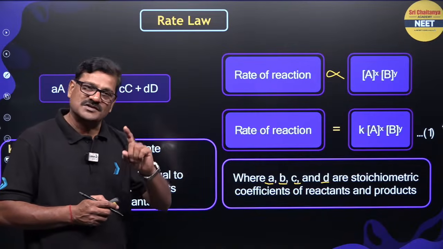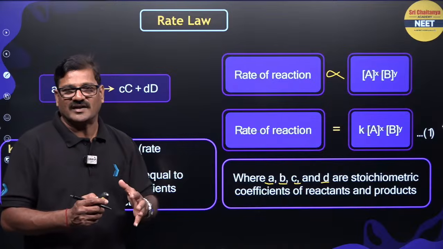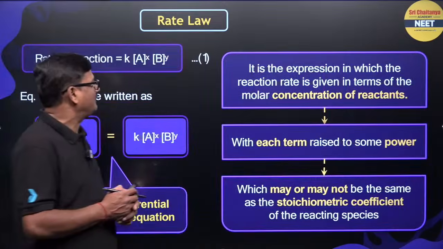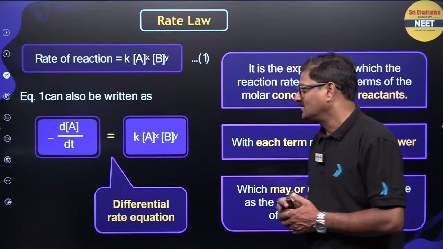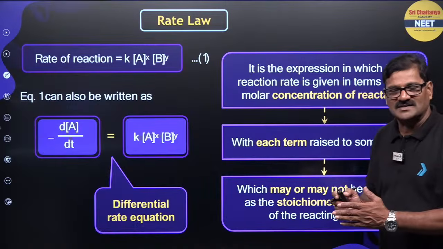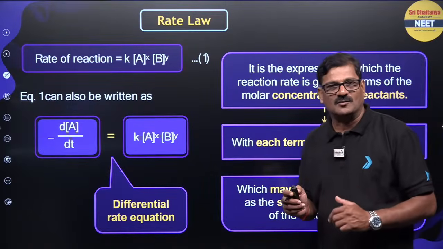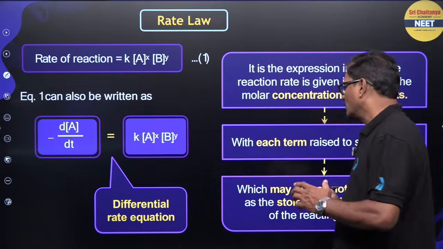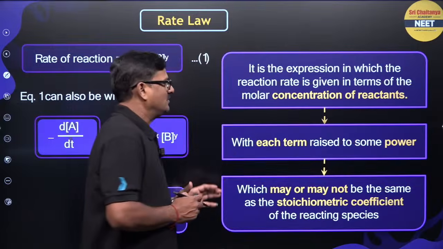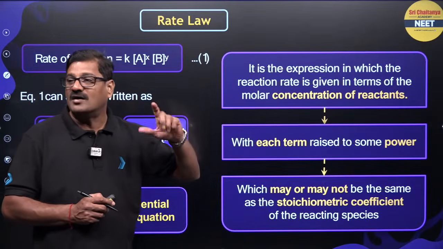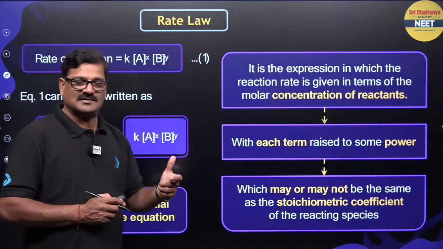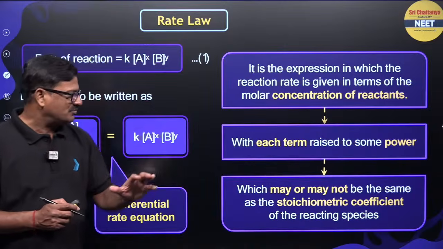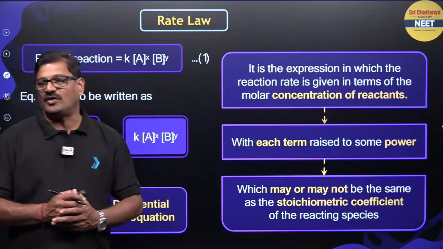So that is the confusion number 2 when a student starts studying chemical kinetics. So I am going to unveil what is this x and y. x is the order with respect to A and y is the order with respect to B. Each term raised to some power is said to be order, and the overall order is going to be x plus y, and this order may or may not be the same as the stoichiometric coefficients.